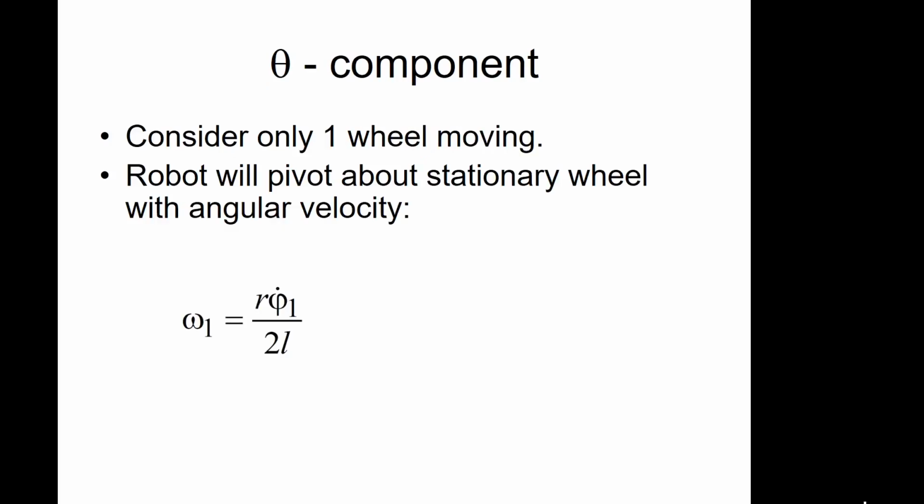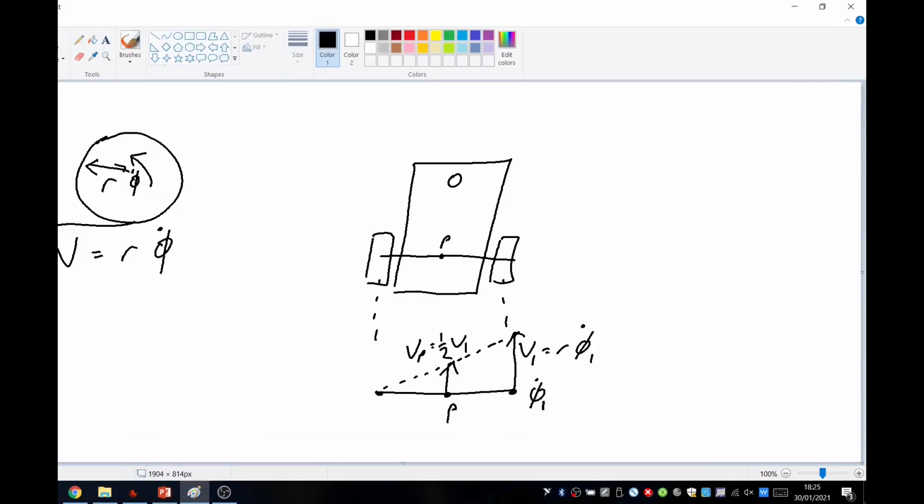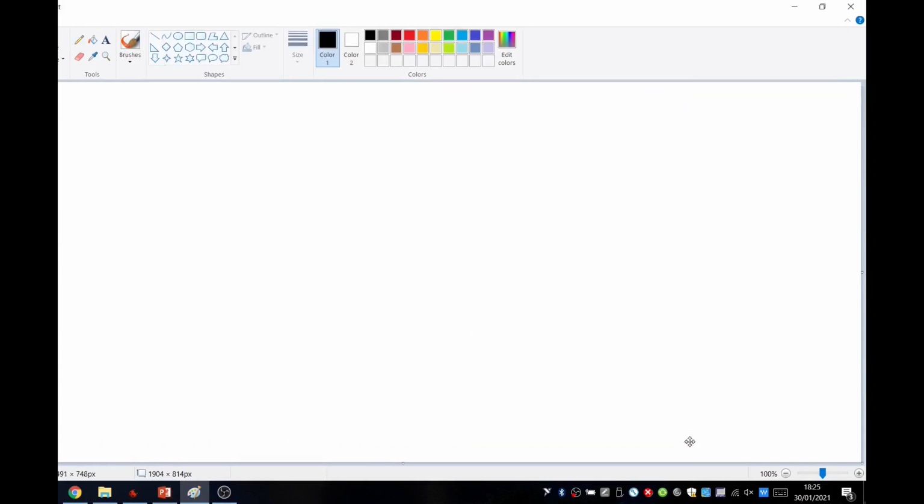And in terms of our angular velocity, so again, if I go back to paint, we can do the same argument again and say I can say wheel 1 is stationary, wheel 2 here is moving at a velocity of v1, which is r psi 1 dot.